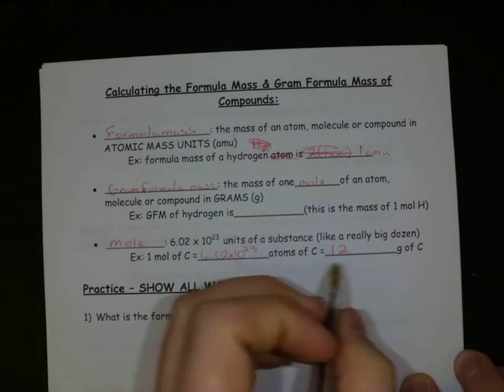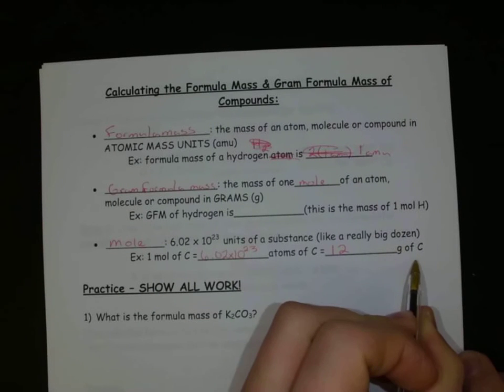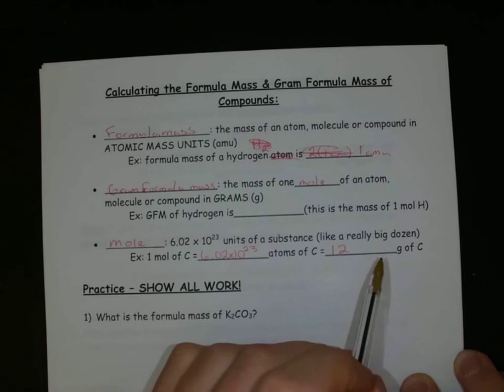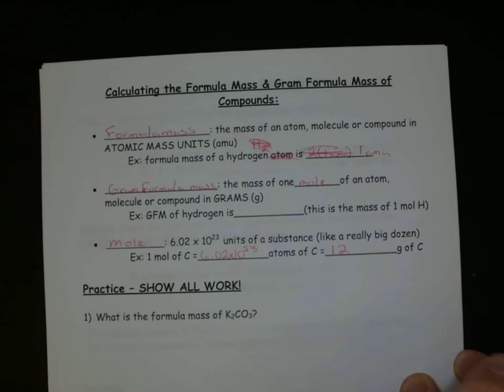So if we had 12 grams of carbon, we're going to have 1 mole of carbon, but 12 is also what we have on our periodic table, right? If we look at our periodic table, the atomic mass of carbon is 12.01.